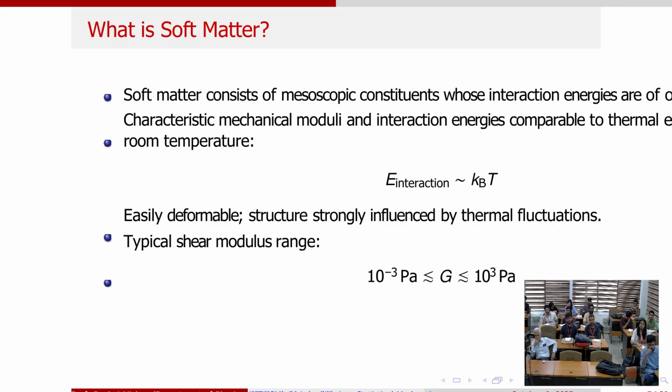The less energy you require to remove a constituent of an object, the softer it will appear. So we are going to define the softness of a material in terms of the energy as well as modulus.